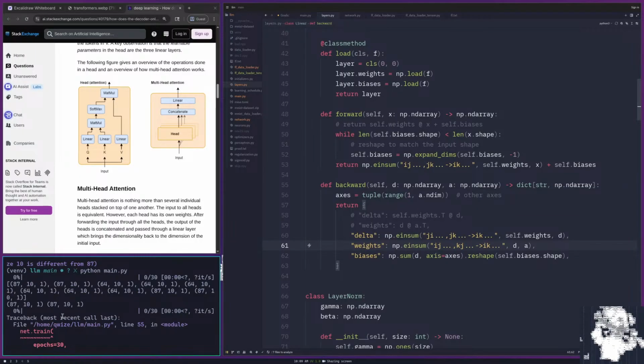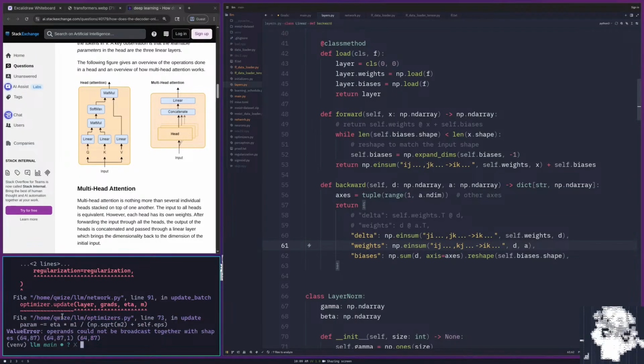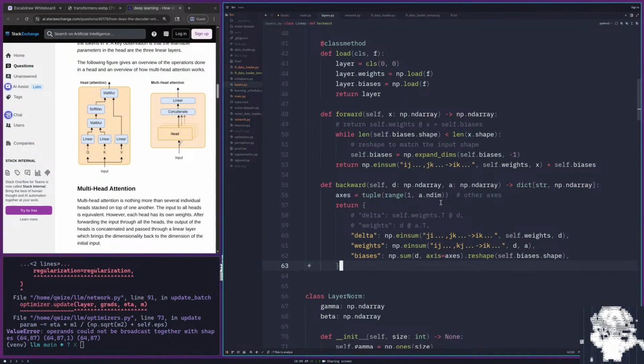Where's the error now? This is just a broadcasting issue in the optimizer. So this, at least this has the right dimensions. I don't know if it's correct yet. Optimizer.